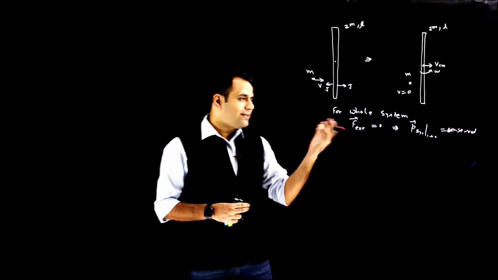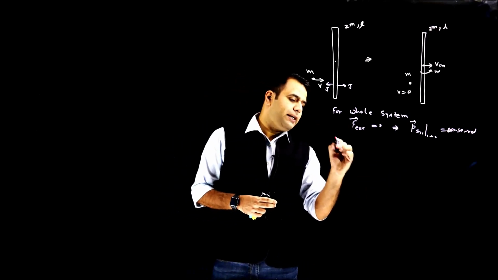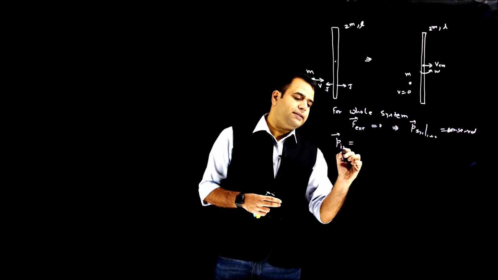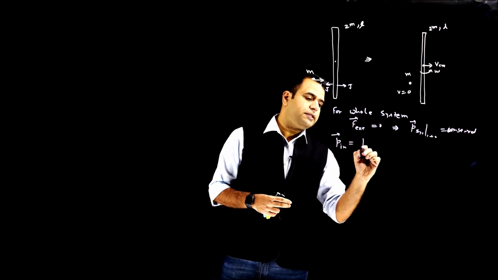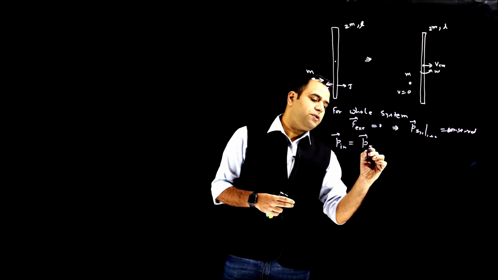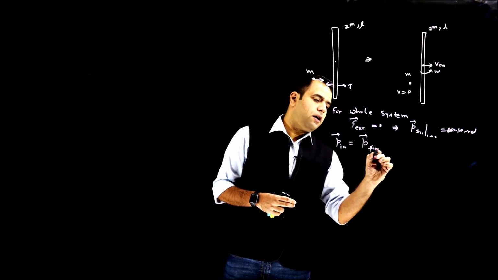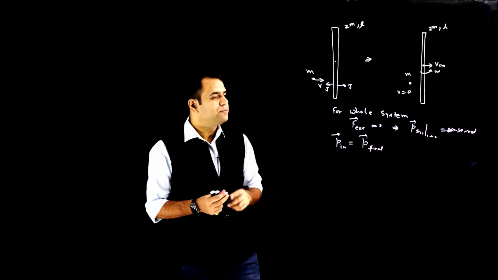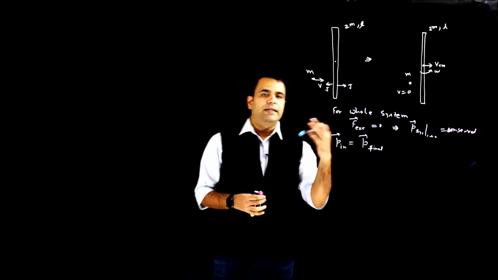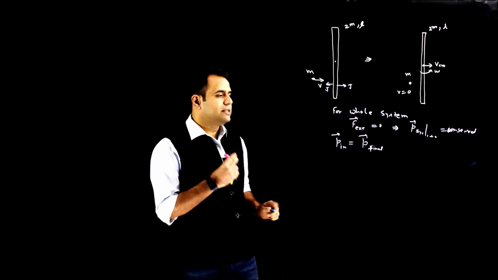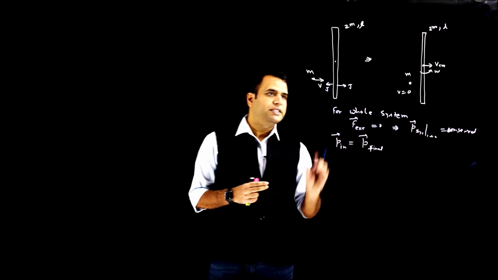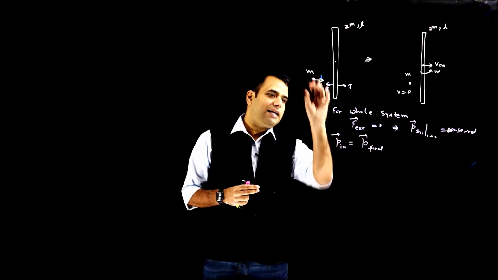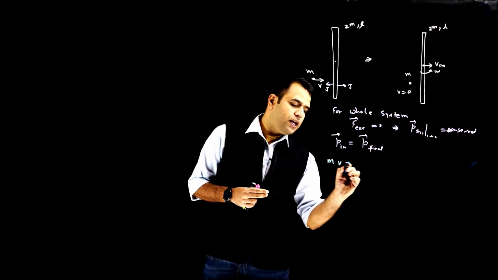Okay, so let's write that. Since momentum for the whole system is conserved, the initial momentum for the whole system and the final momentum for the whole system will be the same. So let's calculate the initial and final momentum of the system. We are talking about linear momentum first. So the initial momentum is m into v, mv i cap.